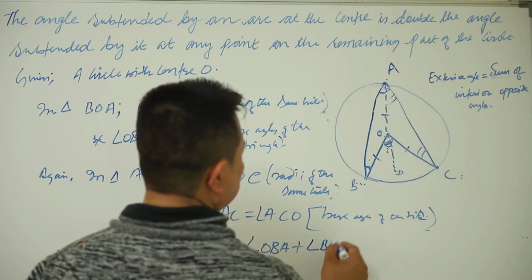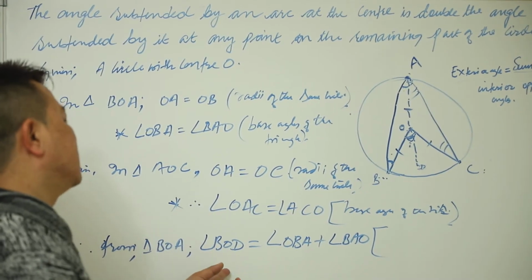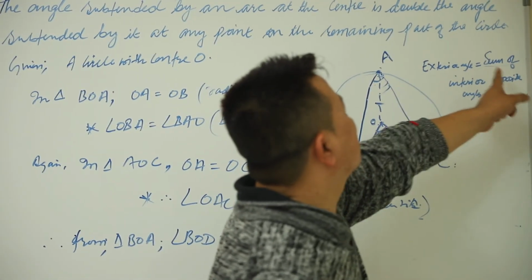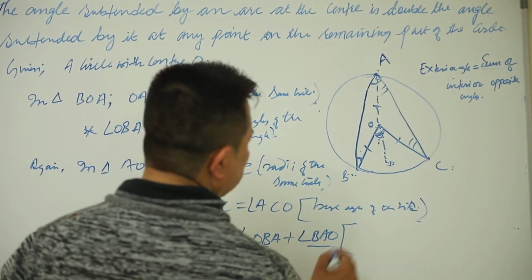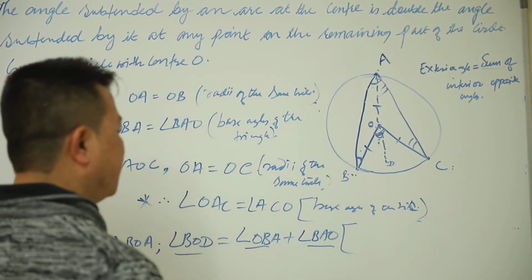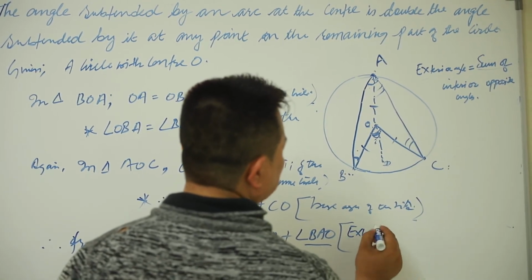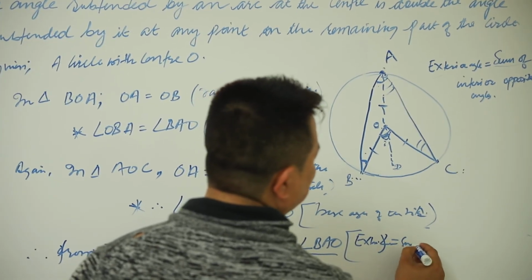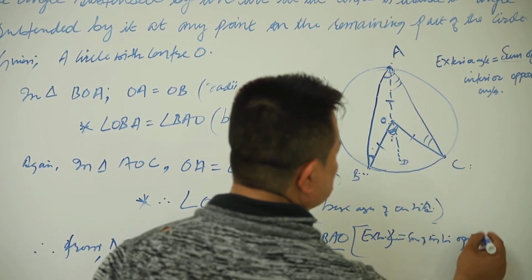What is the reason for writing this? As we have learned, exterior angle is equal to the sum of interior opposite angles. This is the exterior angle and these are the two interior opposite angles. We have to find the sum of them. So the reason is exterior angle is equal to the sum of interior opposite angles.